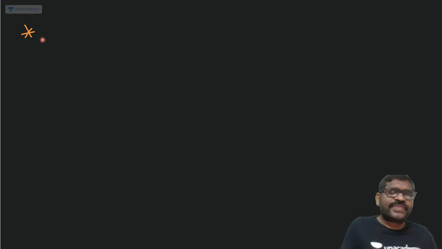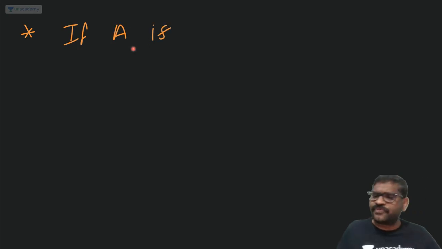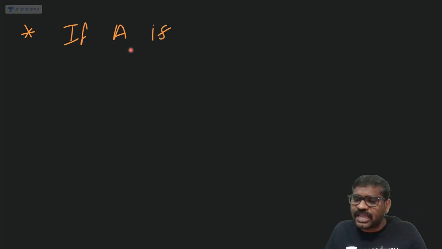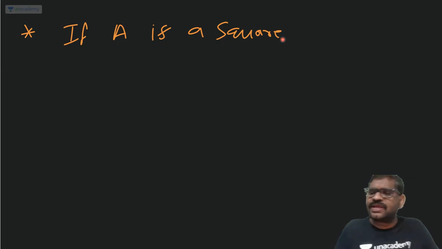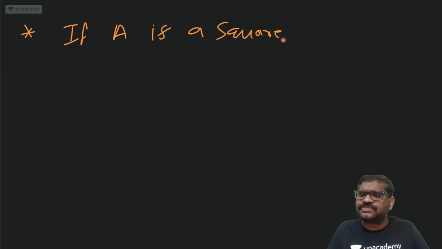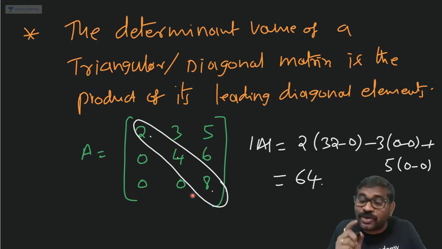Here I am not talking about trace. I am talking about only the product of its leading diagonal elements. The product of leading diagonal elements is different, trace is different. Don't merge the concept.